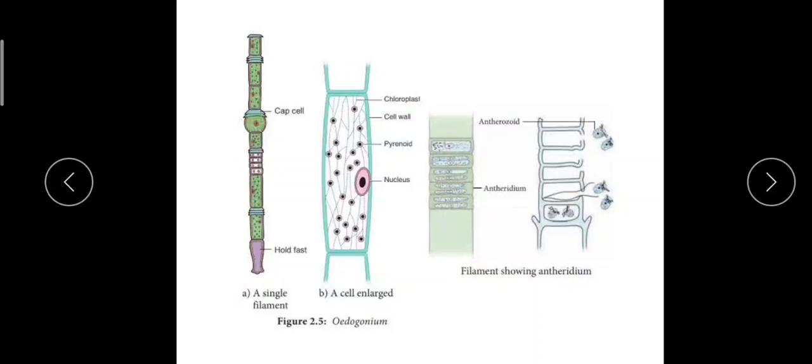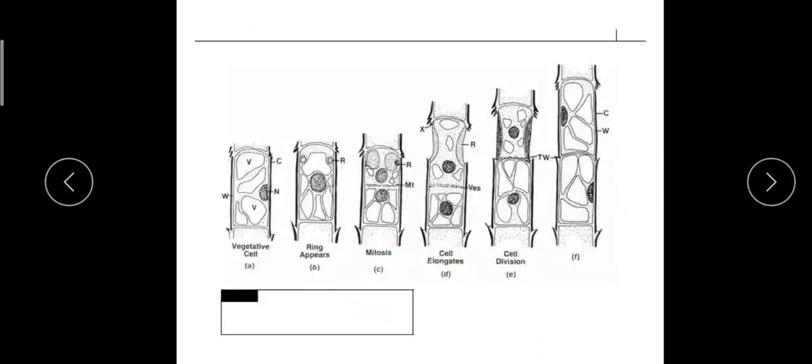And we will see how this cap is formed. See in this figure, this illustrates the cap formation. It is actually the result of a peculiar type of cell division, and what happens is a ring-like cellulose or hemicellulose appears on the lateral walls.